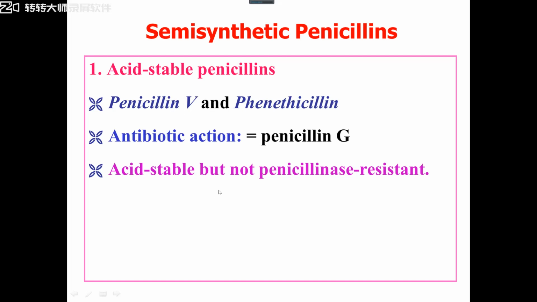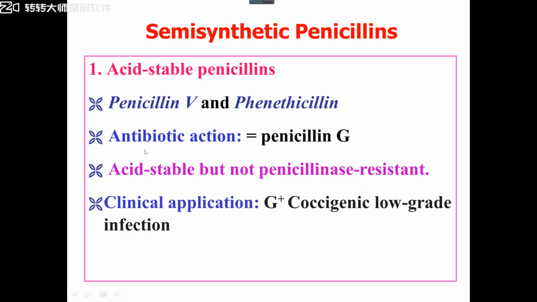But if we use penicillin V for several days to one week, the drug becomes ineffective because of drug resistance, since it is not penicillinase resistant. The clinical use of penicillin V is similar to penicillin G: to treat sensitive bacterial infections, positive cocci, positive bacillus and negative cocci infection.